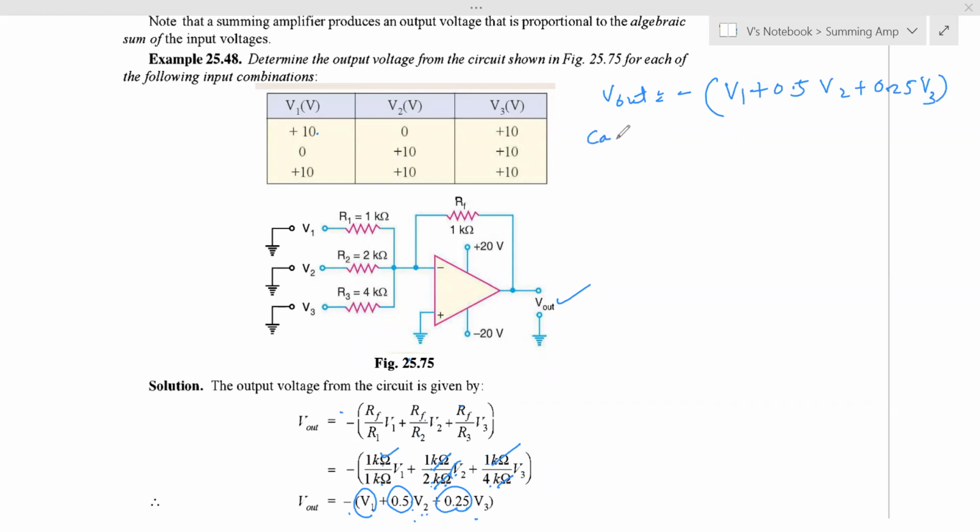Now first case, first set of V1, V2, V3 is V1 equal to +10, V2 equal to 0 and V3 equal to +10 volt.